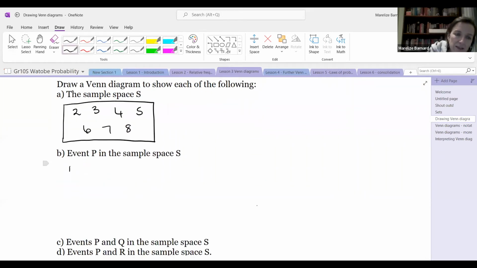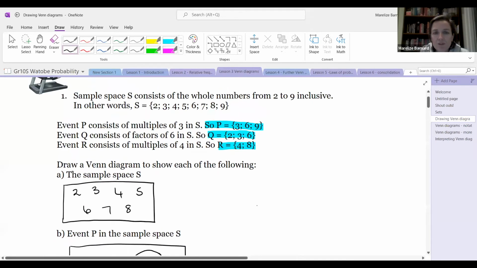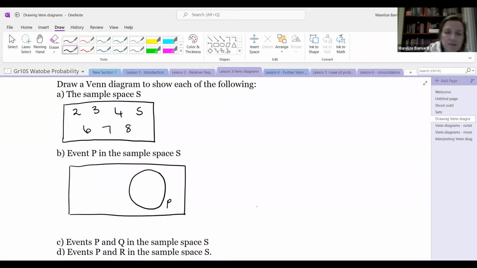So now we're going to again go and draw our sample space, but we need to say over here is an event P, and to do that, we make a circle for P. And we put in that circle all its elements, 3, 6, and 9.